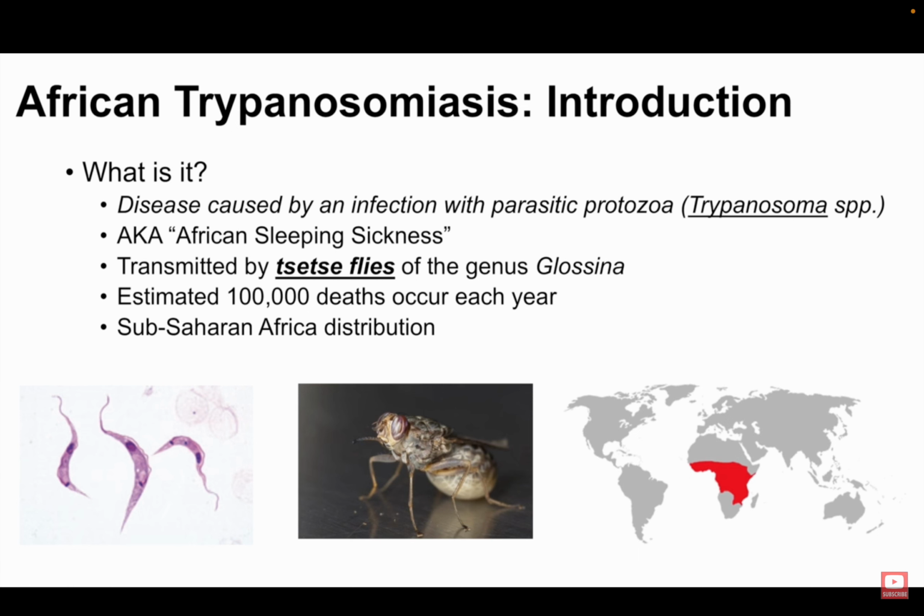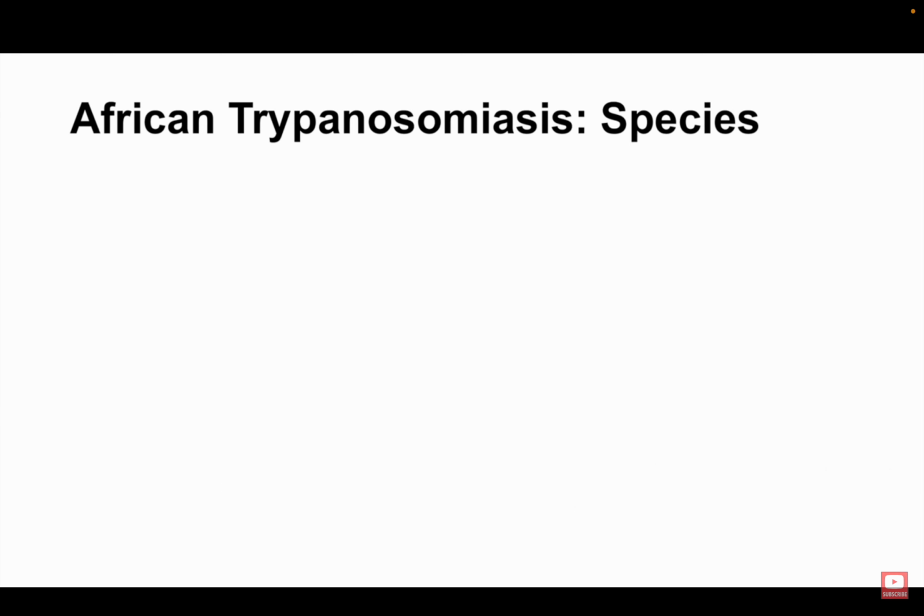Here's a map of the area where African trypanosomiasis occurs. Interestingly, this is also the distribution of the tsetse fly. So the tsetse fly's natural distribution is in the same area, and it also transmits the disease in this area. So what are some of the Trypanosoma species that cause African trypanosomiasis?